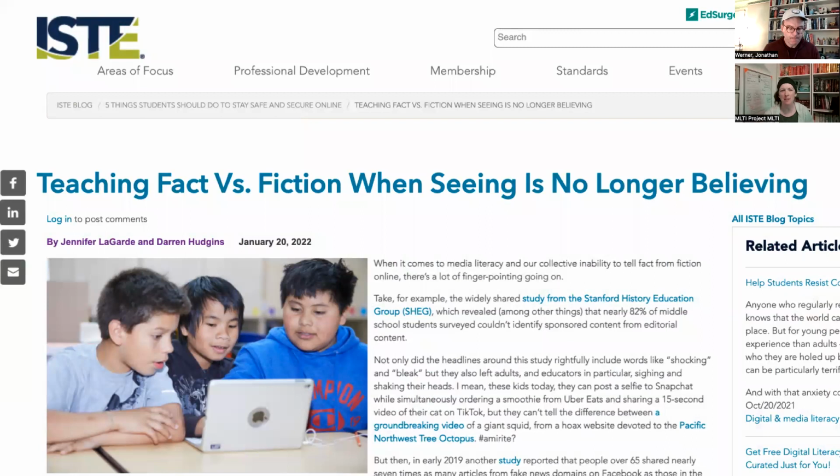It's an older website about the Pacific tree octopus, and it's a lovely article about the habitat of the tree octopus and how the tree octopus interacts with the world around it. And it's of course fake, but teachers use it all the time to introduce the idea of credible websites to their students.